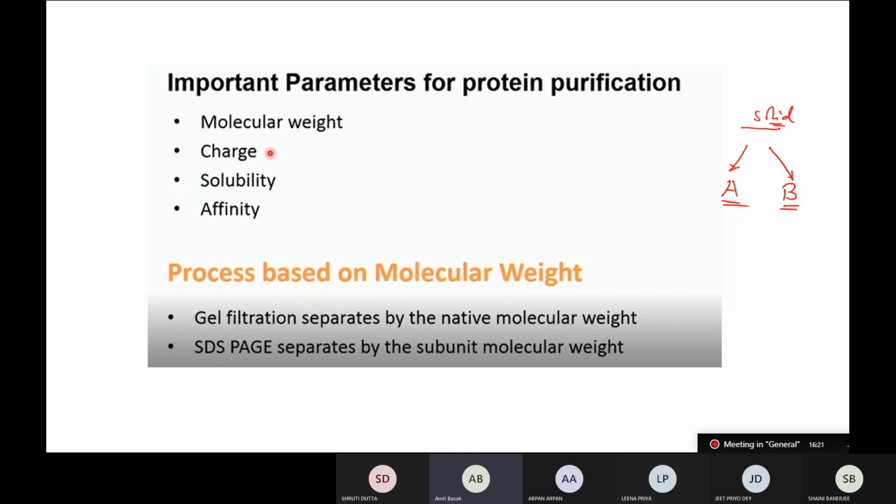There will be greater interaction between this solid and compound A, provided compound A is more polar than compound B. So this is one scenario, where the two compounds to be separated differ in polarity, and this is actually exploited in chromatography.